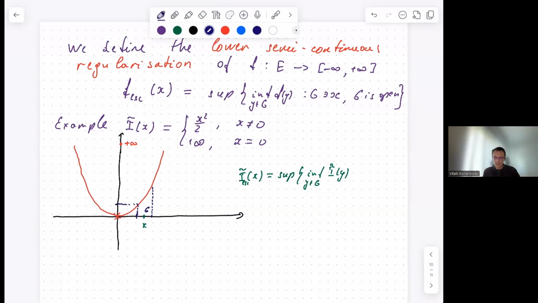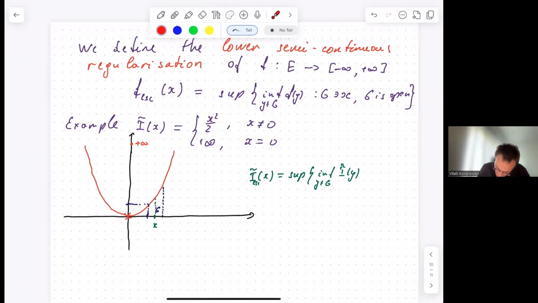It is the infimum. But then you need to take the supremum over all possible open sets that contain x. And here you see that the supremum, or the maximal value which you can get here, is in the case when this set becomes smaller and smaller.